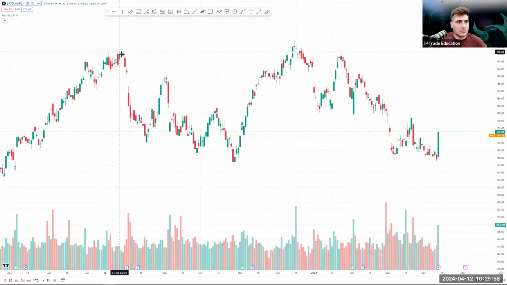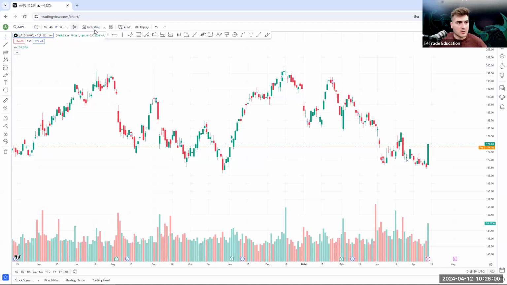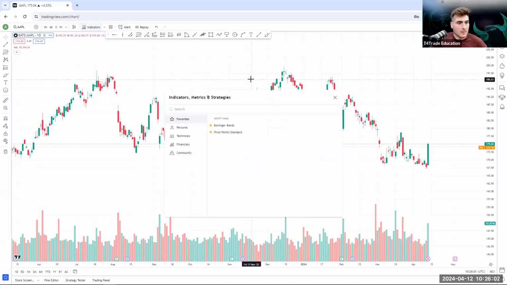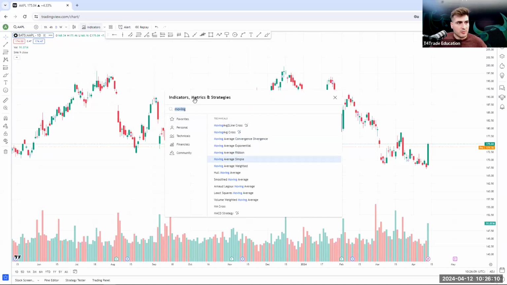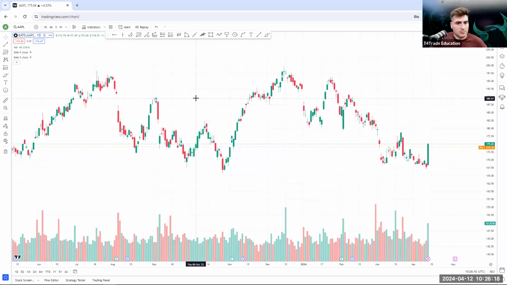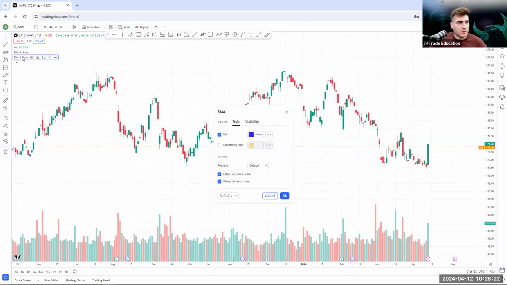Let's add on our indicators. Let's do moving averages. Let's go with simple. So a simple moving average was added to the chart. Why is it not showing? And let's do another one. So let me get my settings up correctly.